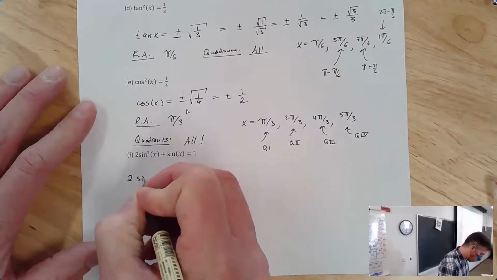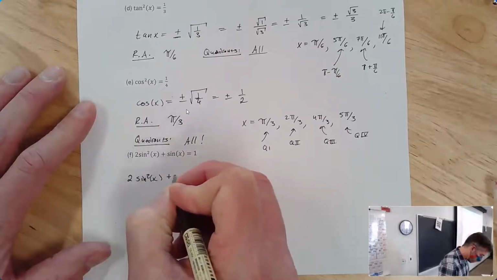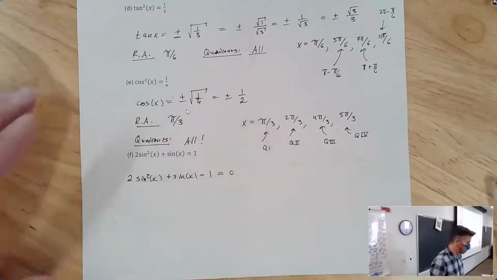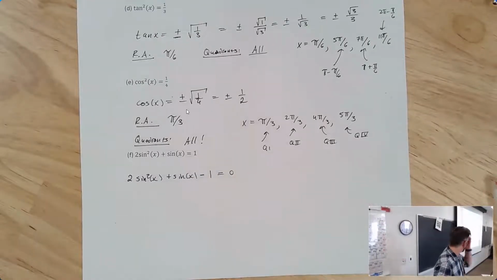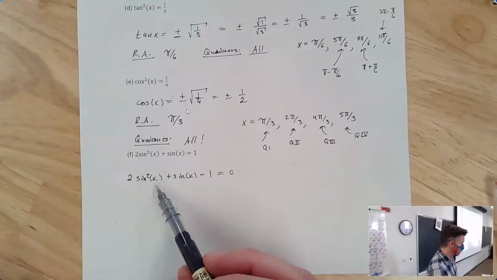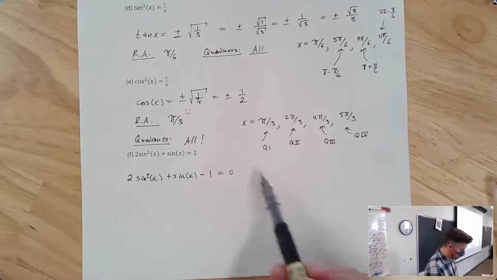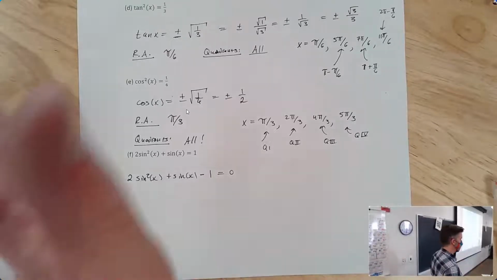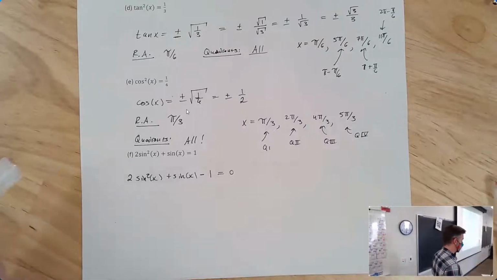This is 2 sine squared of x plus sine of x minus 1 equal to 0. And we're going to treat sine like the variable. This is actually a quadratic function, but instead of being quadratic where x is the variable, it's a quadratic where sine is the variable. And it definitely factors.